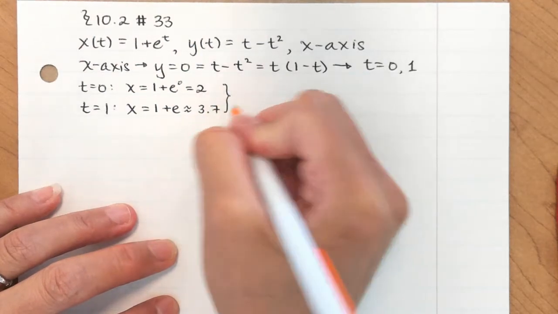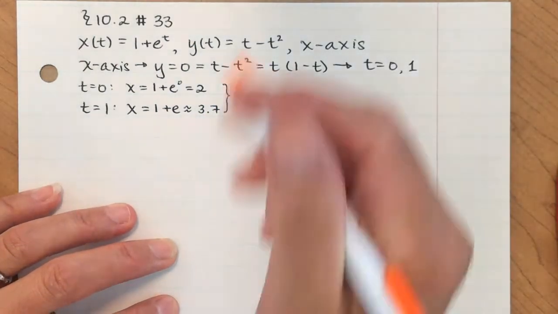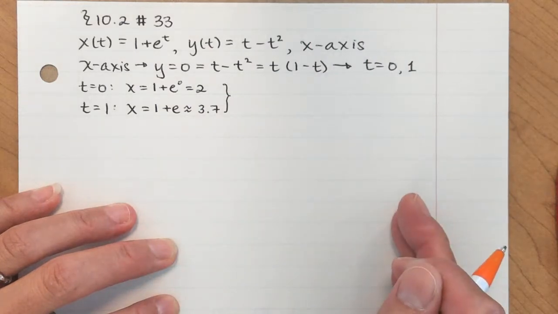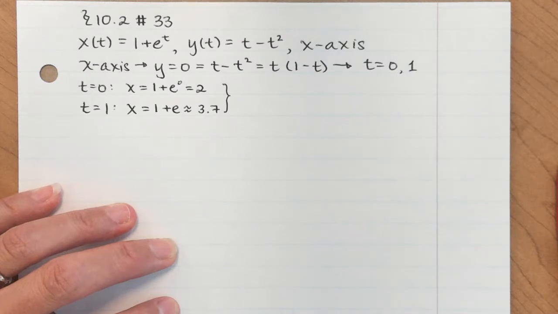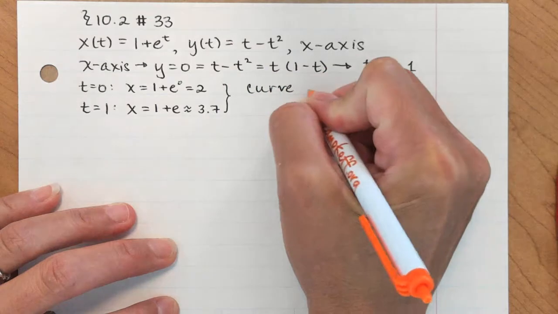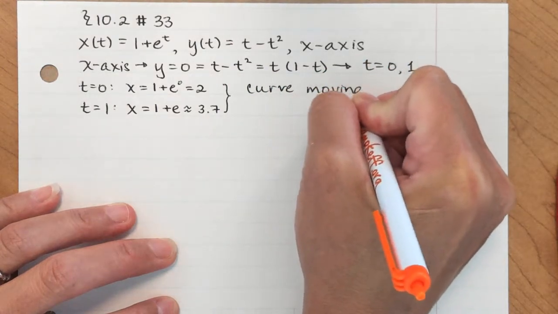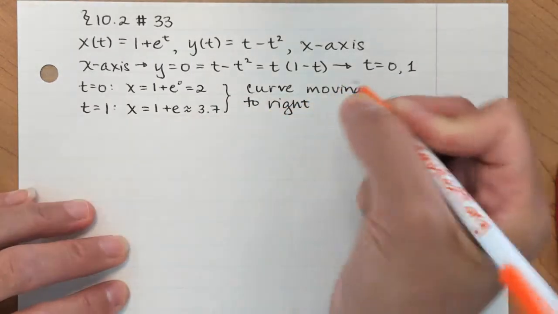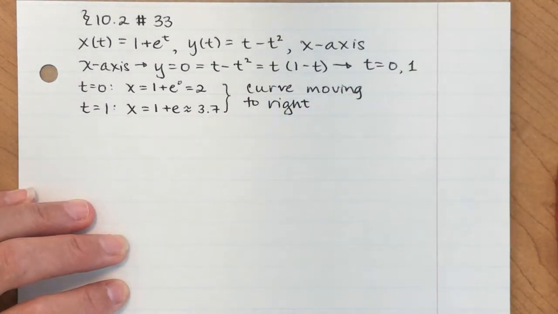And so this tells you that x is becoming more positive from the interval t is 0 to t is 1, which means the curve is moving to the right on the interval t is 0 to t is 1. And that tells us that we need to use the positive integral.